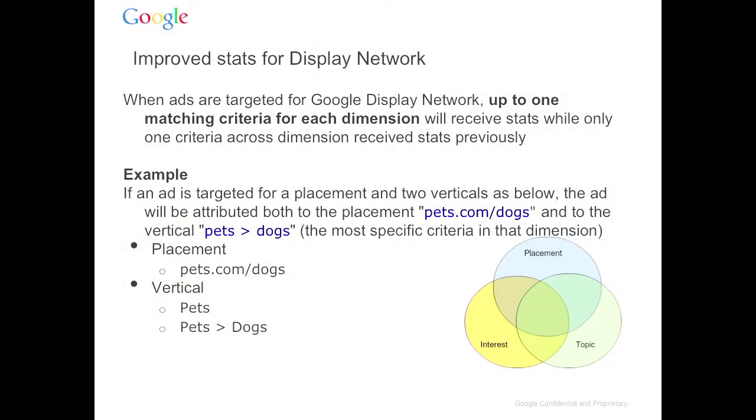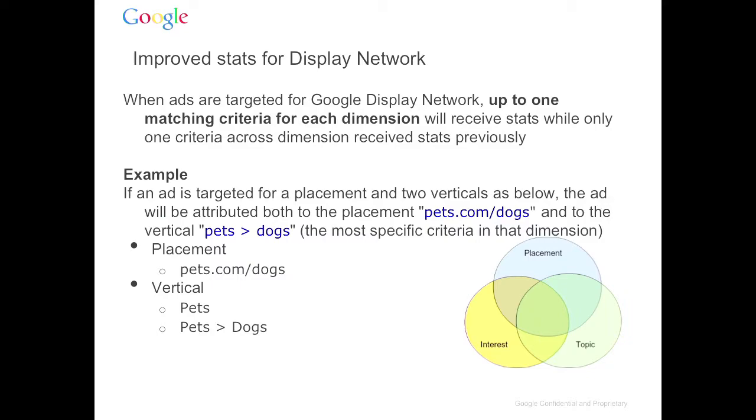The clear example here is, as I mentioned, you have a vertical that's pets and dogs, right? So that vertical is for people that are searching for dogs, but he's also visiting pets.com/dogs. It's actually matching, as you can see in this case, one placement and two verticals because the verticals are hierarchical. So what's going to happen, we're going to attribute the impression to one of every type of criteria.